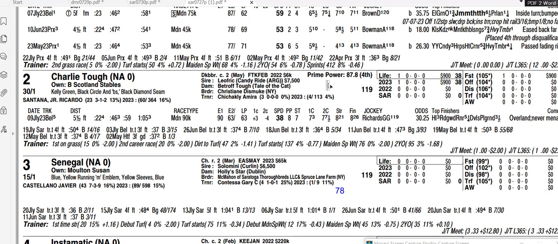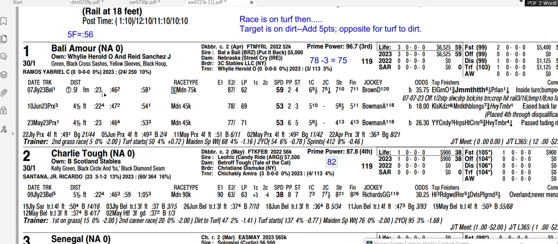And let's say this one comes off to an 82 off of 5.5. And this one, we only have a 5 furlong to go by, and let's say it's coming off as a 79 at 5 furlongs. I want to subtract 3 points to make up for that extra half, and that would be a 77 instead of a 80, or a 76 instead of a 79.